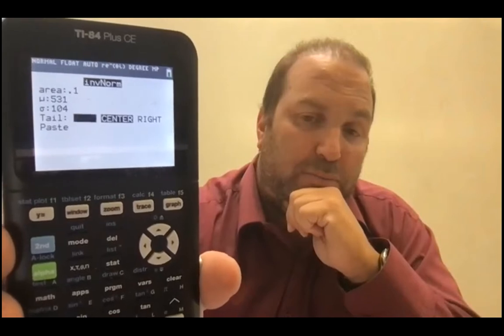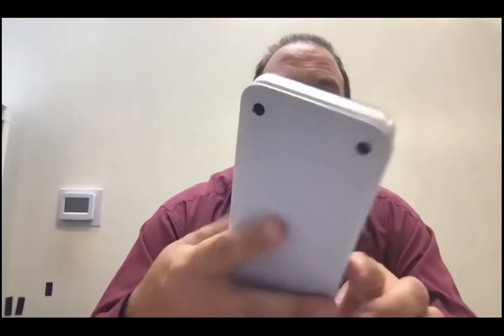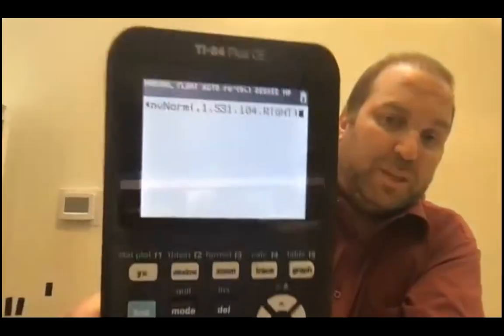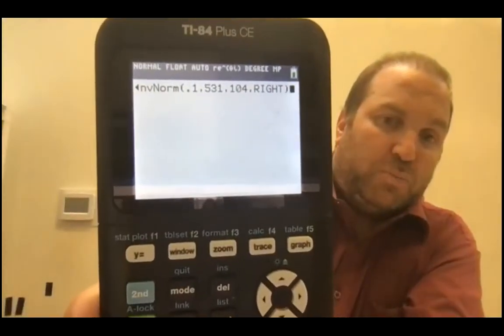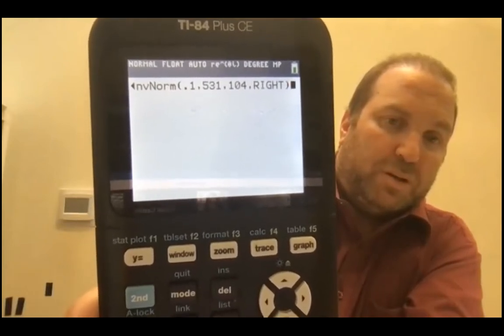Do we want that 10% to be on the left of the graph, the center of the graph, or the right of the graph? The right. So I move to the right and enter, and then I have inverse norm, area, mean, sigma, right.